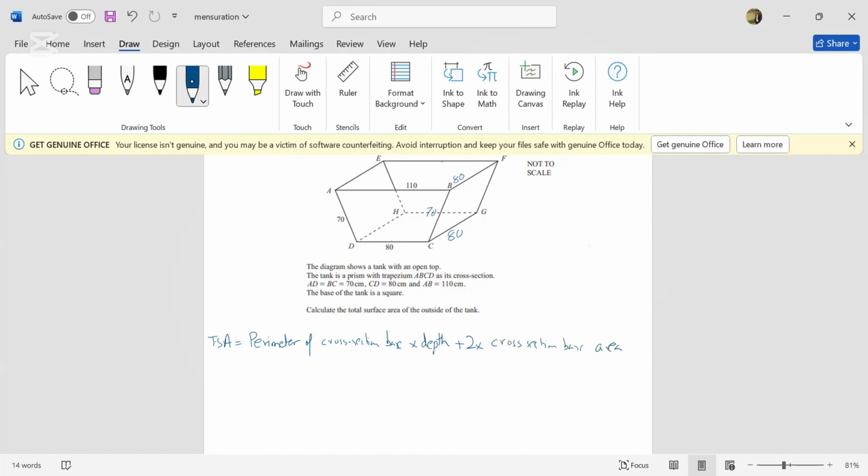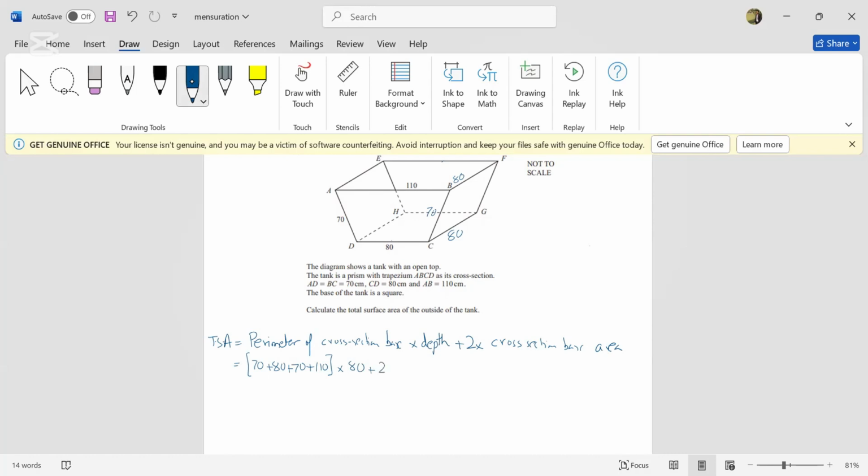If we talk about the perimeter, the perimeter is the outside boundary. It means the trapezium, they have already told us, is 70 plus 80 plus 70 plus 110. Depth here is 80. Plus 2 times the cross-section area, right?